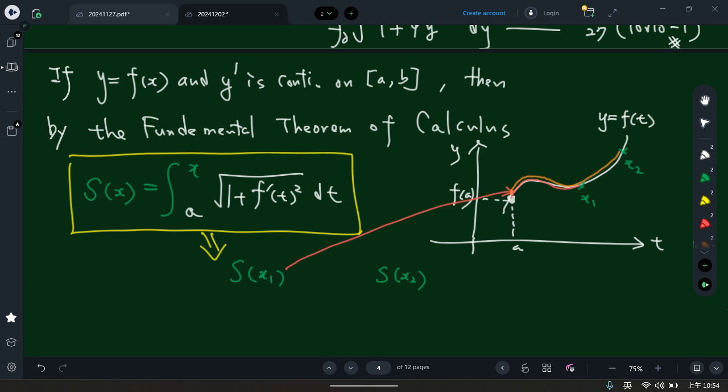So you can see the endpoint is a variable. If you put x1 into this function, we try to get the length from a to x1. If I give you another input x2, that means we are trying to get the length from f of a to x2, f of x2. So you can see the function we define here is about how to make the arc length calculation become a function.